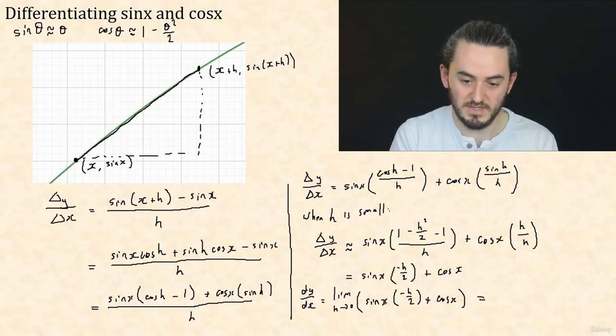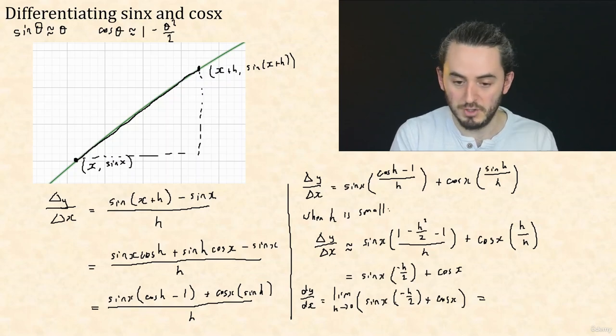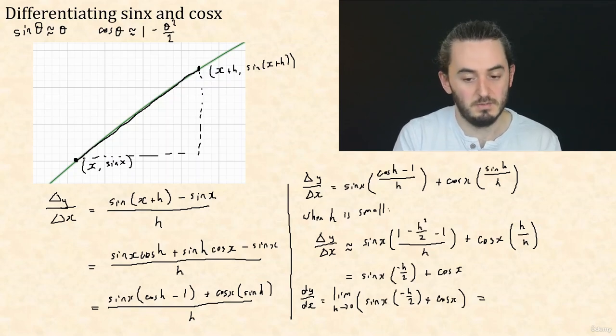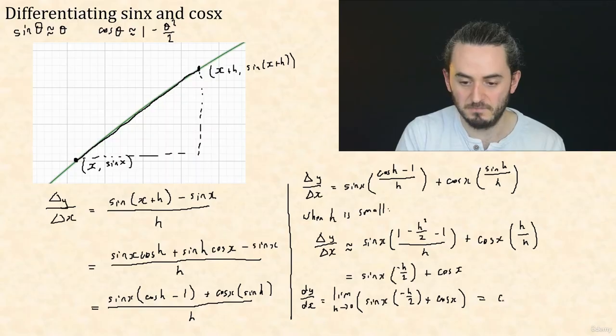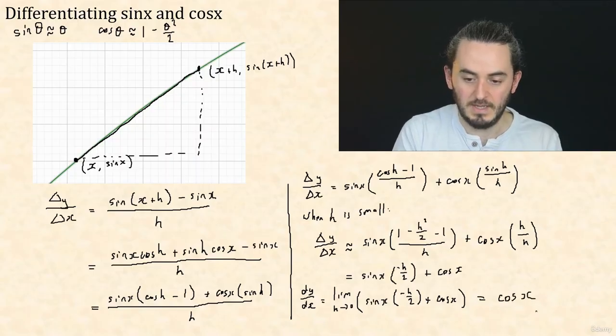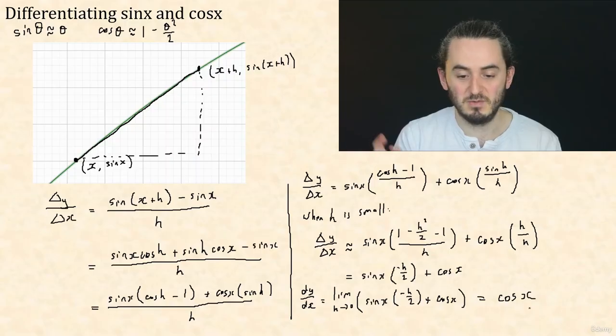So that bracket just kills this term. I've got no sine x, it's sine x times 0, but I do have this cos x surviving. And there's the magic result. If y equals sine x, dy by dx is cos x.